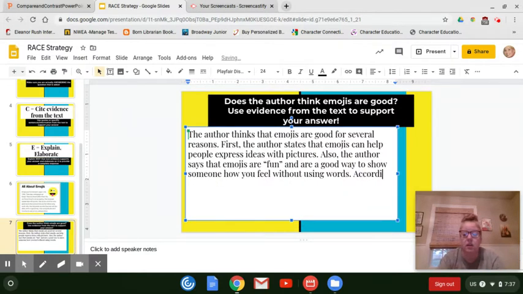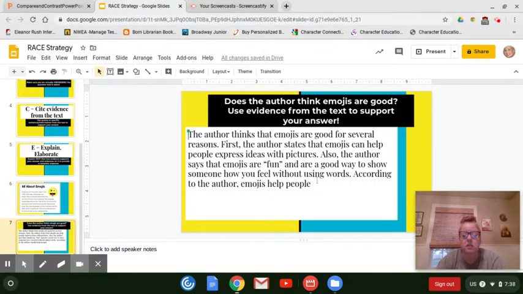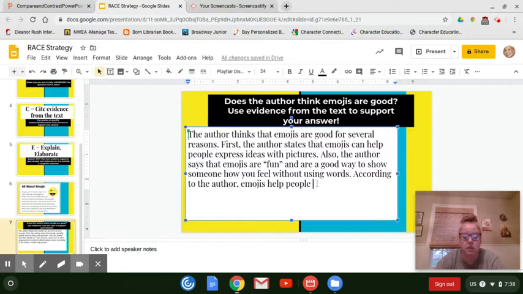According to the author, emojis help people. Let me go back again to check the way that that's worded. Okay. Say what they mean with less effort, which the author says is a good thing.